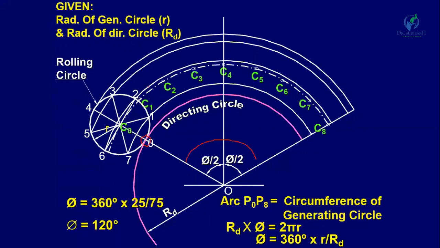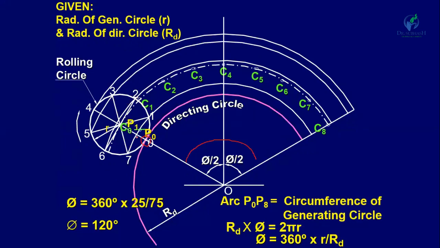So first, C1 as a center, radius equal to 25 mm, draw an arc which will intersect the circle passing through point 1. That point will be P1. So the initial point P0 will be here. So here you can get point P1.